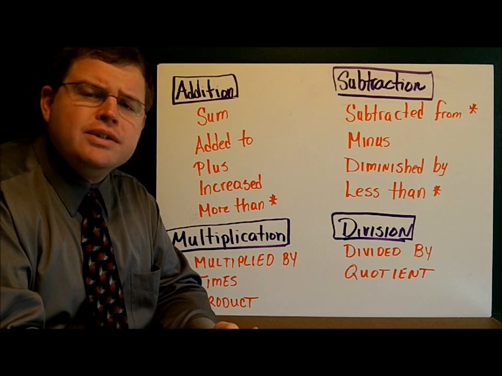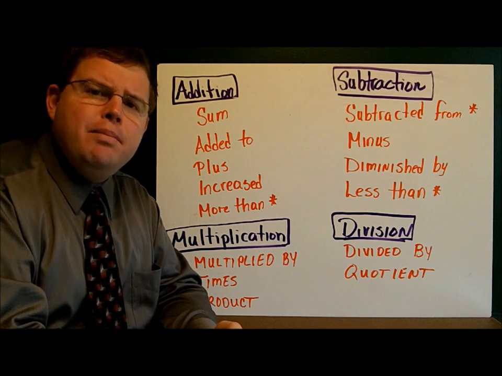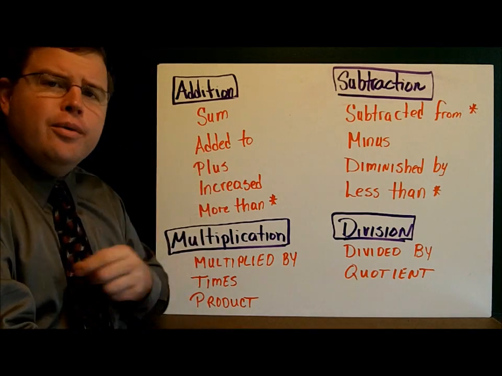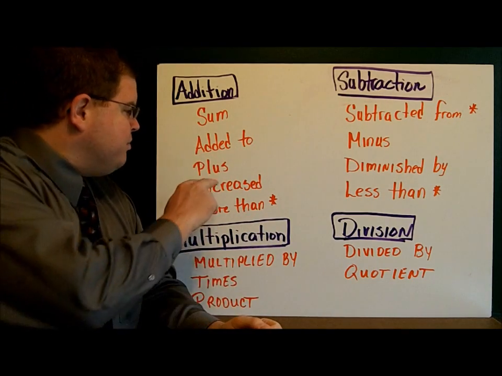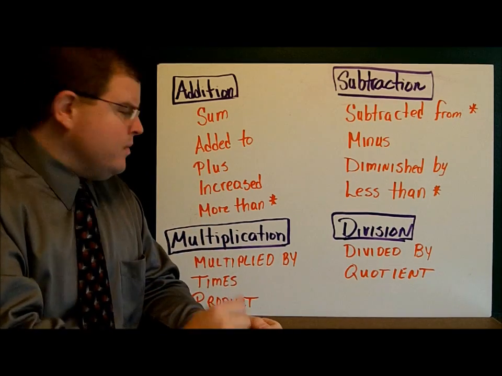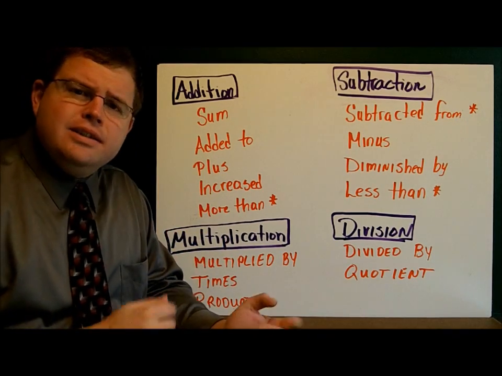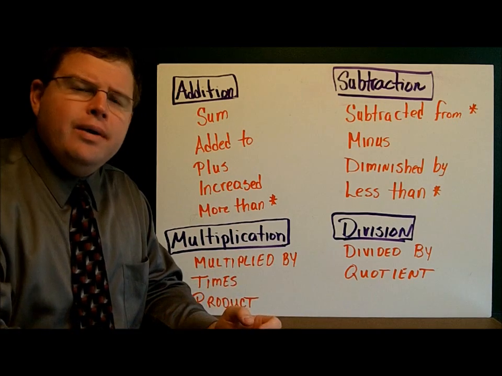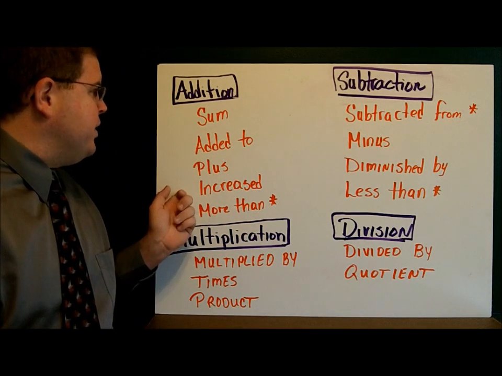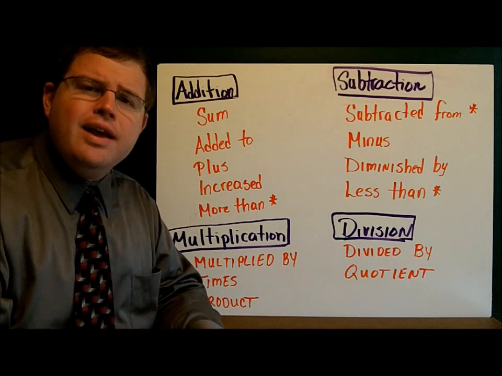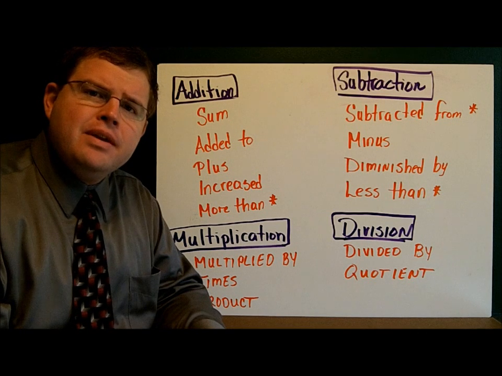All of those words imply that something is getting bigger. Added to, we're adding something to it. Plus, increased, something is increasing, we're adding to it. So whenever you see any of these words, that should be an indicator that you're working with addition.